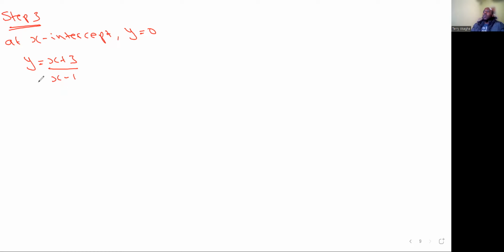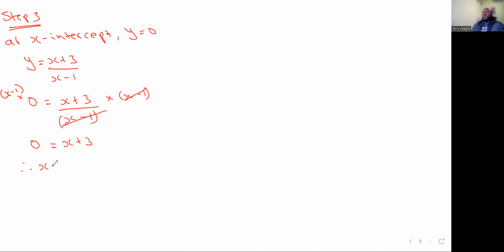All right, so let's go. At the x-intercept, y is equal to 0. So this will give you 0 equal to x plus 3 divided by x minus 1. In order to remove this x minus 1, we multiply both sides by x minus 1. So this will cancel this. X minus 1 times 0 will still give you 0, equal to x plus 3. So you take 3 to the other side.